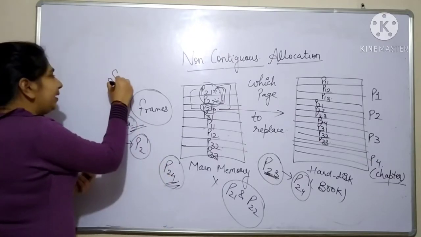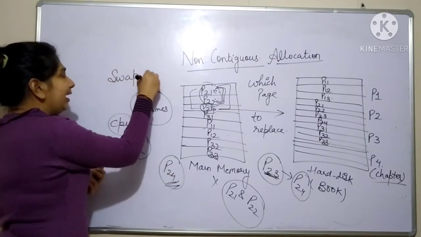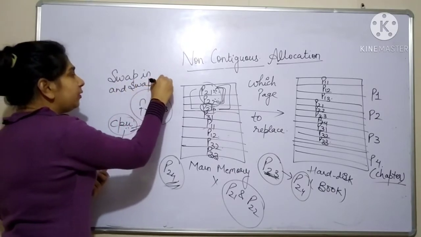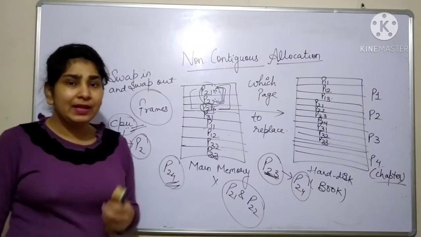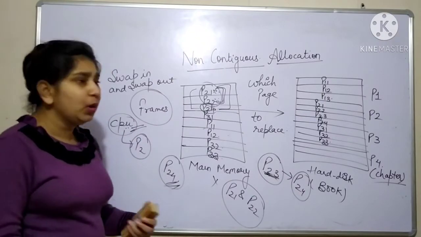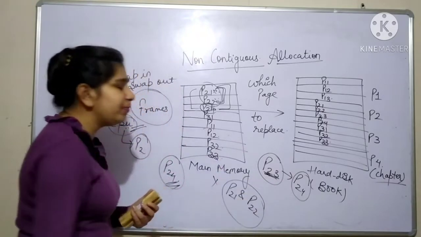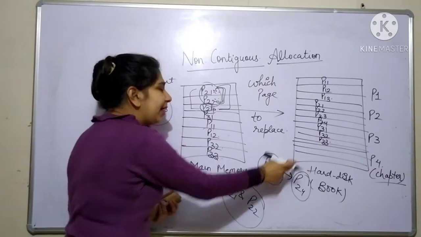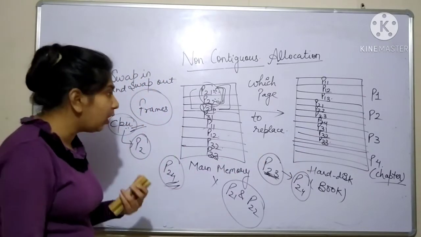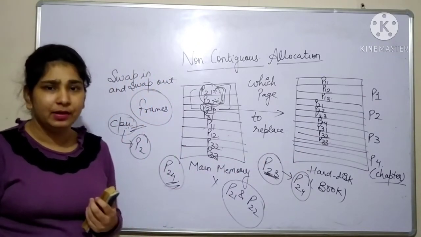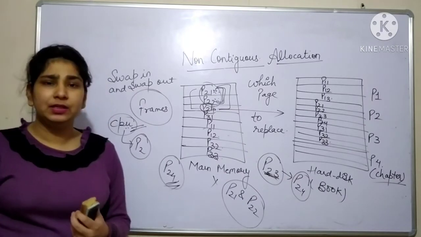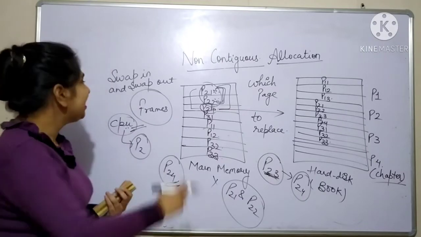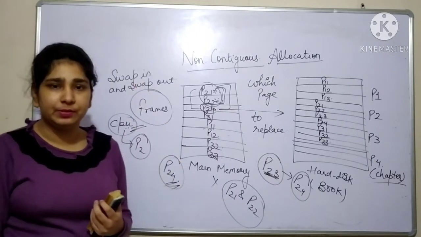So we will discuss the page replacement algorithm, because if you are having lots of swap in and swap out, then a lot of time is going to be wasted. If again and again you have to push your page from hard disk to main memory, and push out one page from main memory to hard disk, a lot of time is wasted. We want to reduce swap in and swap out.